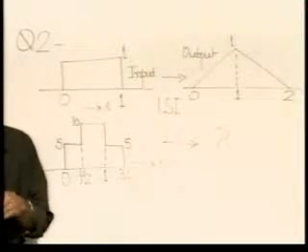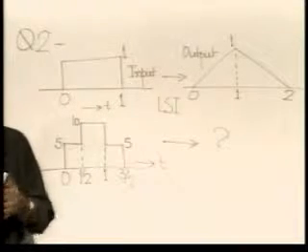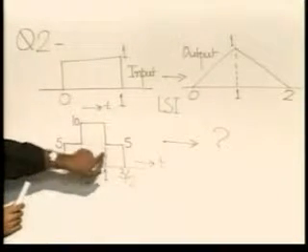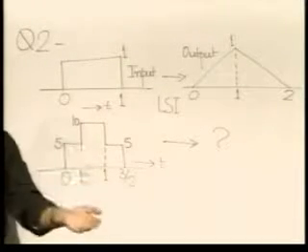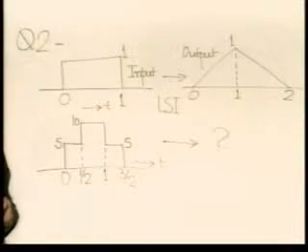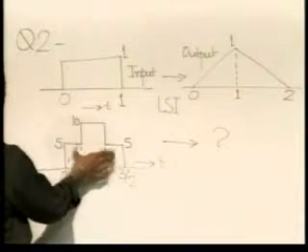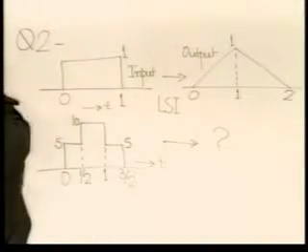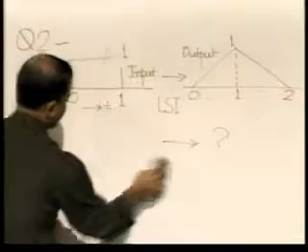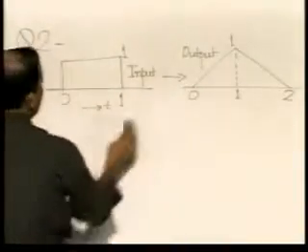Now you see, of course, there can be various ways of doing this. But one simple way is to try and express this input in terms of this input and then use the properties of linearity and shift invariance. So the first step is to try and see if we can get this by shifting this input and adding it to the original input. So let me do that. So I take this input and I shift it.